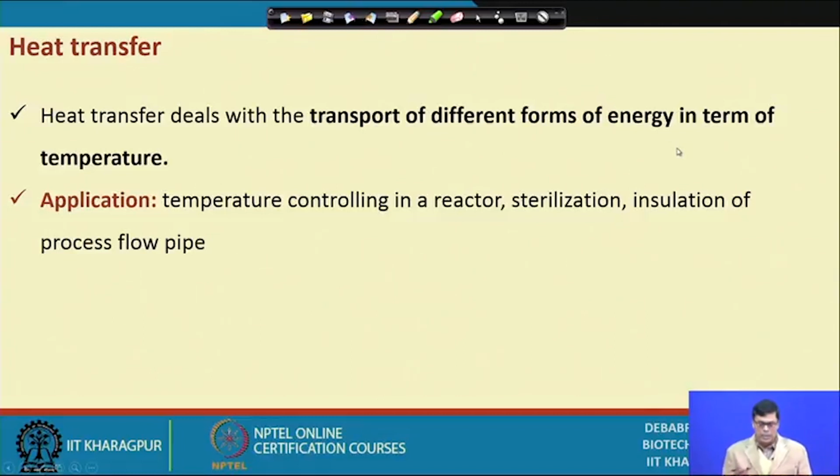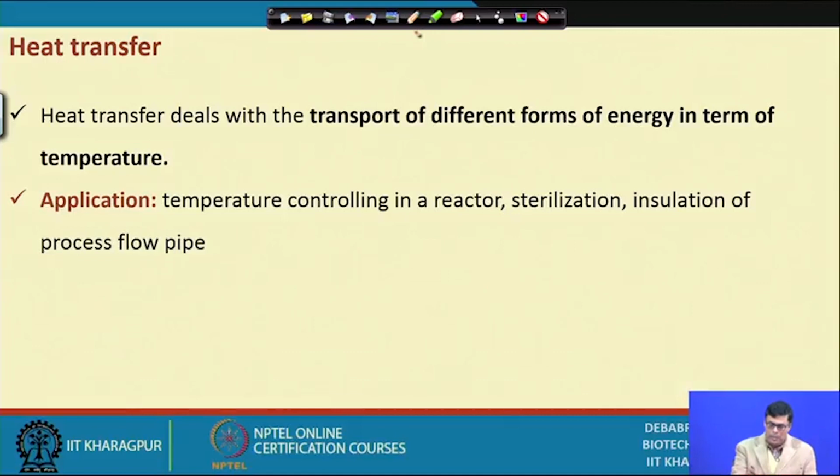So this we understand. Now, where is it largely applied in the biochemical industry? The reason is that we require temperature control in a reactor, because I told you that organisms require a particular temperature for their growth and metabolism.